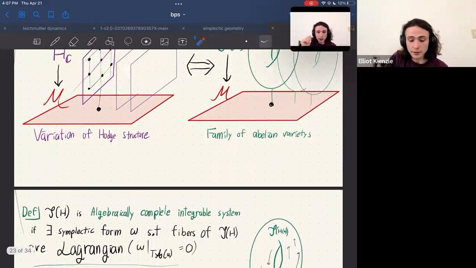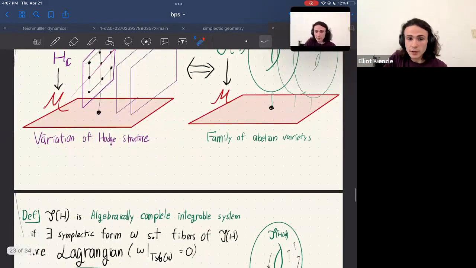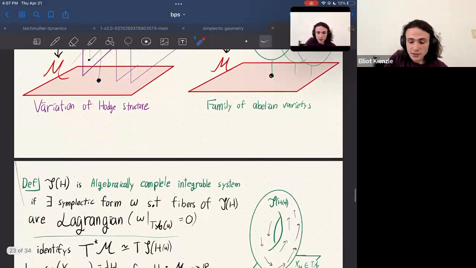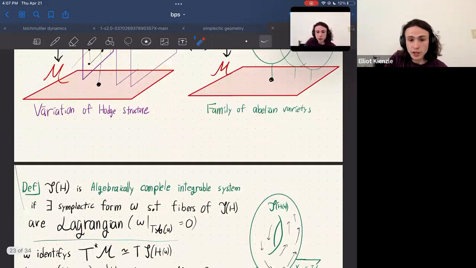So we define some family of abelian varieties to be an algebraically complete integrable system, or just integrable system, if there's some symplectic form such that the fibers, these abelian varieties, are going to be Lagrangian, which means that the symplectic form restricted to the tangent space of those fibers is going to be trivial.